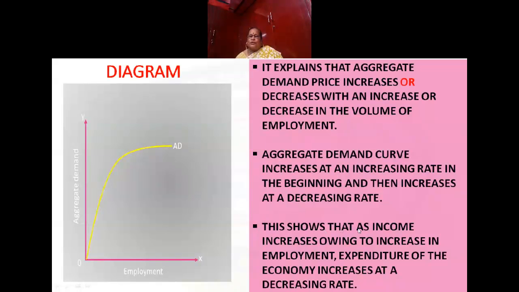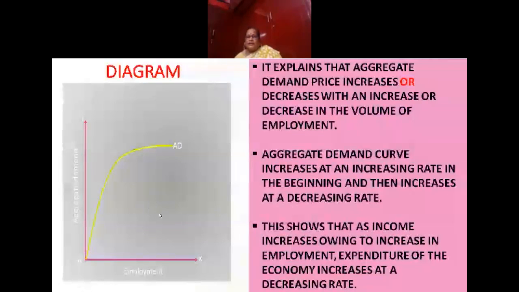This shows that as income increases owing to increase in employment, while the profit is coming to the person, it will be going on increasing more persons and increasing the production, and it will be going on getting the income. So this shows that as income increases owing to increase in employment, expenditure is increasing at a decreasing rate.